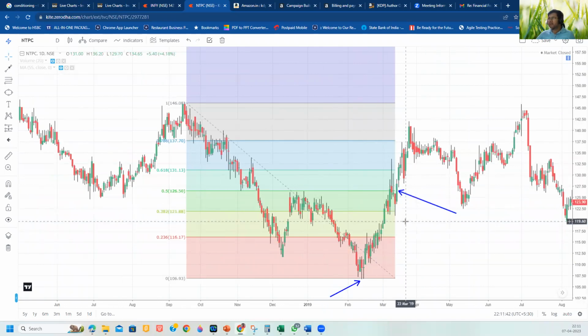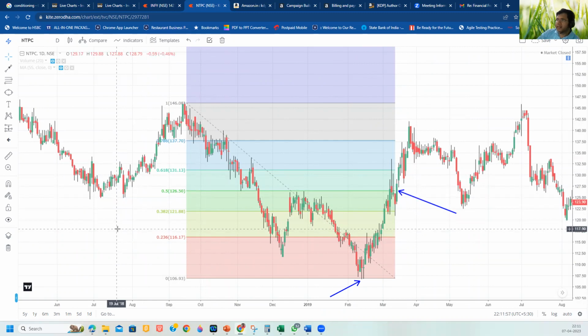Along with this fib retracement, we are going to learn a few more concepts that will give you more edge to take a better call. Hope you understood the various levels of retracement, and based on this, how to take, primarily, an exit.